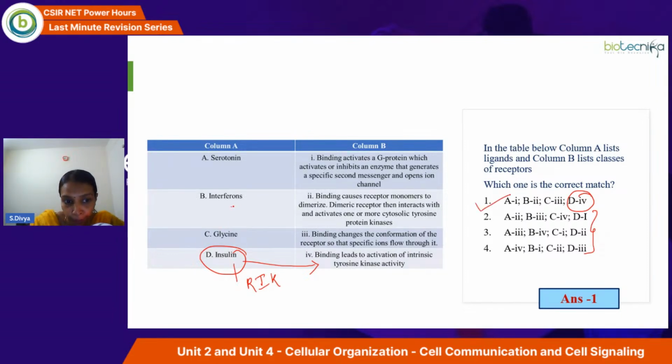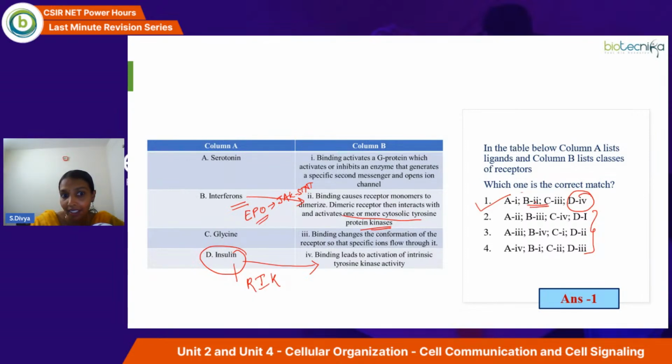Then if you speak of interferons, like we have erythropoietin, you remember it follows the JAK-STAT pathway. And in the JAK-STAT pathway only, you are having cytosolic tyrosine kinases. They do not have intrinsic kinase. They have cytosolic kinase. So again, B to 2, you got another confident.